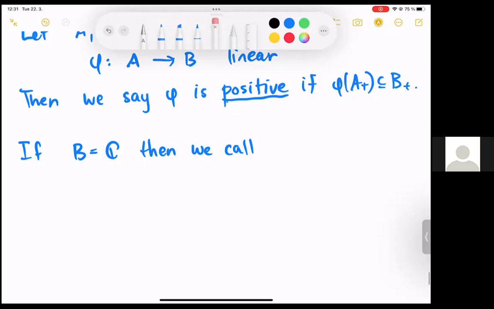Okay, then we call phi a positive linear functional, which is the subject of the next few theorems.